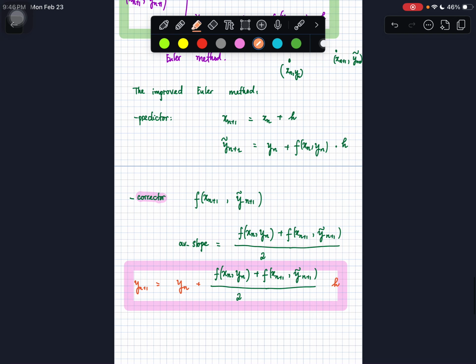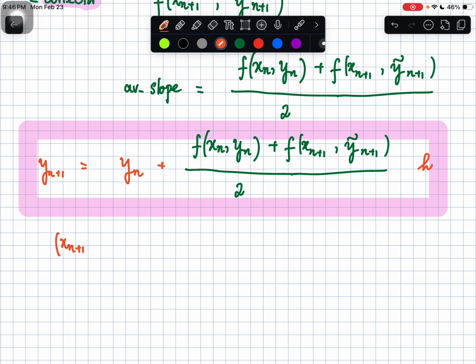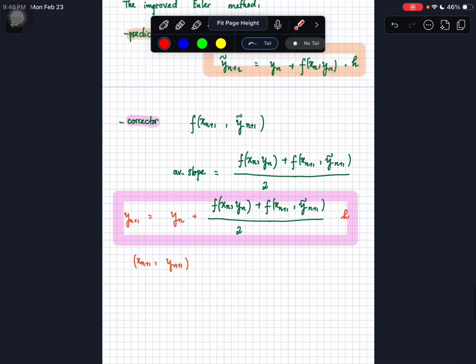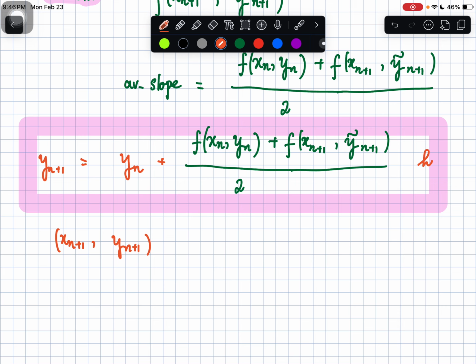The first formula is a predictor. We compute (x(n+1), y(n+1)), so this one will be the points we predict, or we approximate the points on the actual solution curve. So these are the formulas for the improved Euler methods.